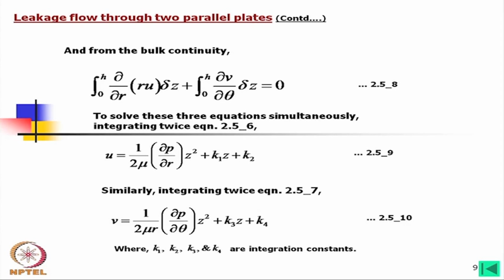So, again I repeat: we had earlier equations in terms of del square u by del z square and del square v by del z square, and from those equations we have carried out this integration twice and we have got these two equations.